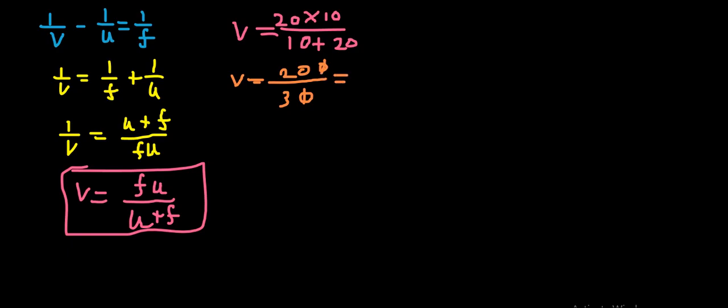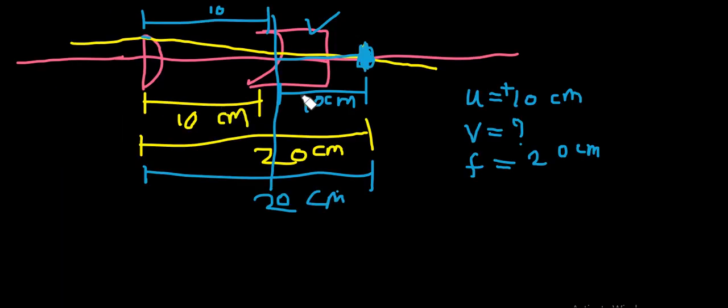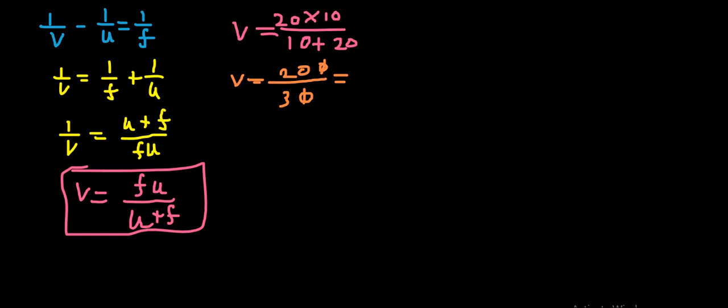Sorry for the mistake. Since the focal length is on the left side, according to the sign convention, the image is going to be found from here to the left. So the focal length is in the left direction, and the focal length should always be written with a negative sign. That's why the answer is wrong here.